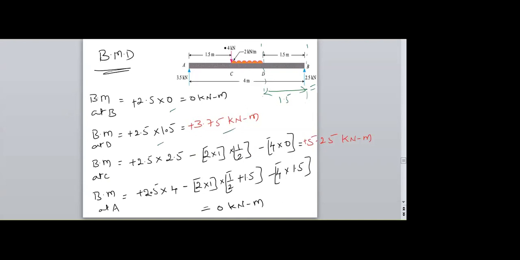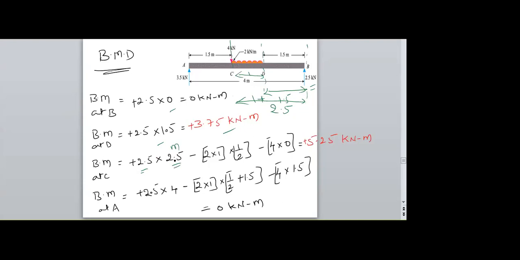Next, the section is shifted to C. Therefore, I am getting 2.5 as the force and the distance from C is 1 plus 1.5, which is 2.5 meters.